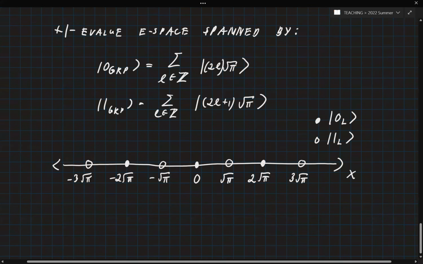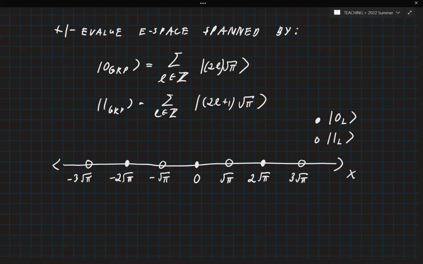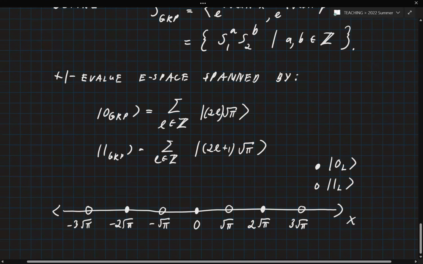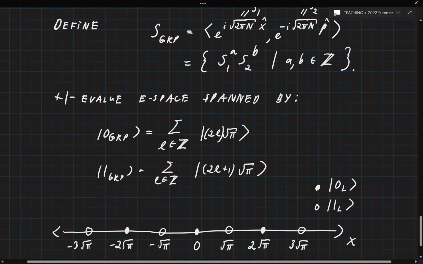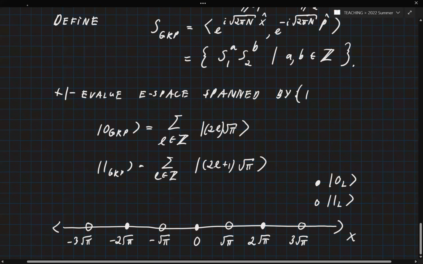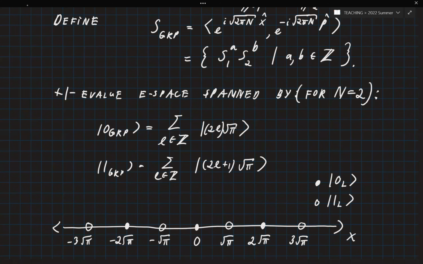Okay, just as a sanity check, let's see whether these code words are indeed the +1 eigenstates of the stabilizers. Go back to the stabilizers. Here I've plugged in capital N equal to 2. So if we plug in capital N equal to 2, the stabilizers are shifts by 2 square root of pi in position and momentum.